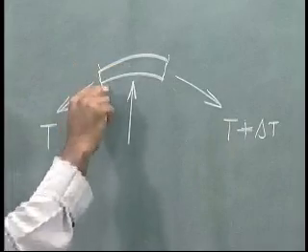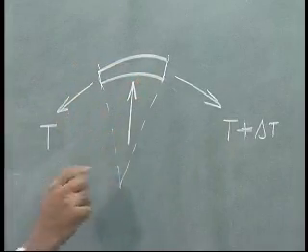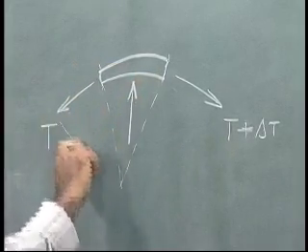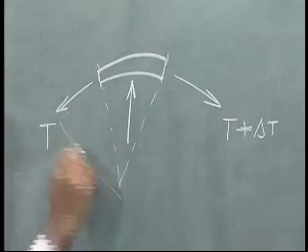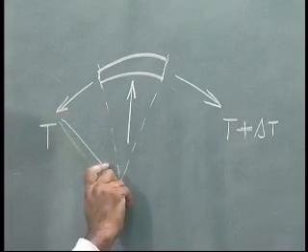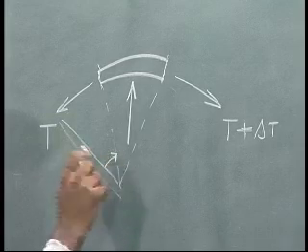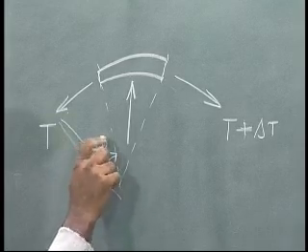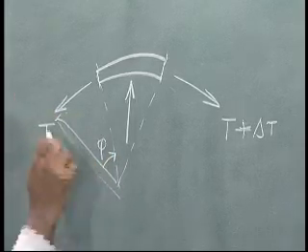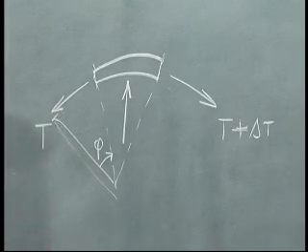Where is this region? This region is, let us say, at an angle phi from where the tension is equal to T2.